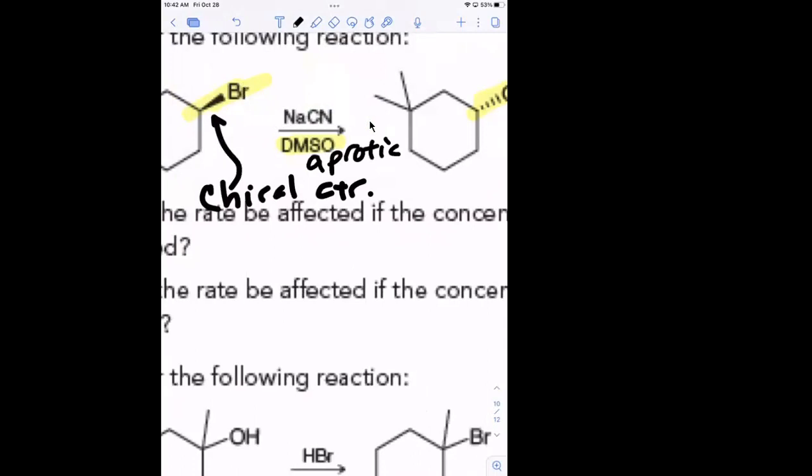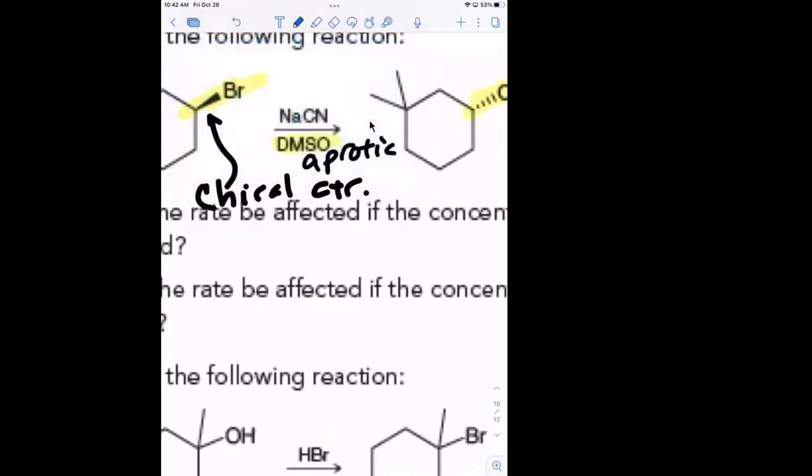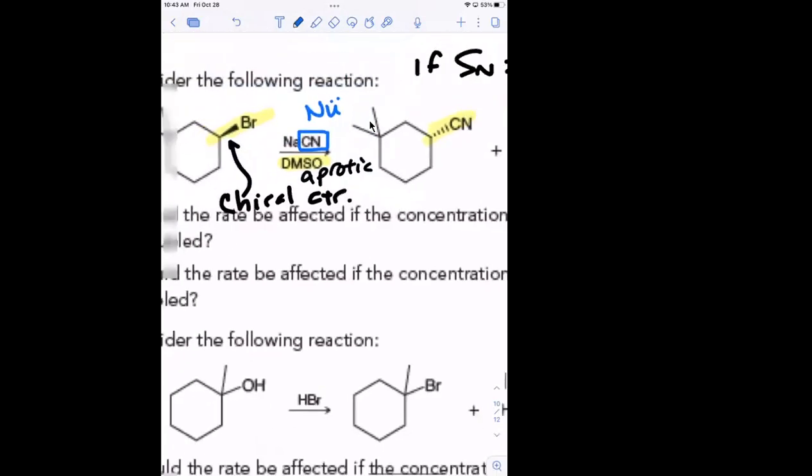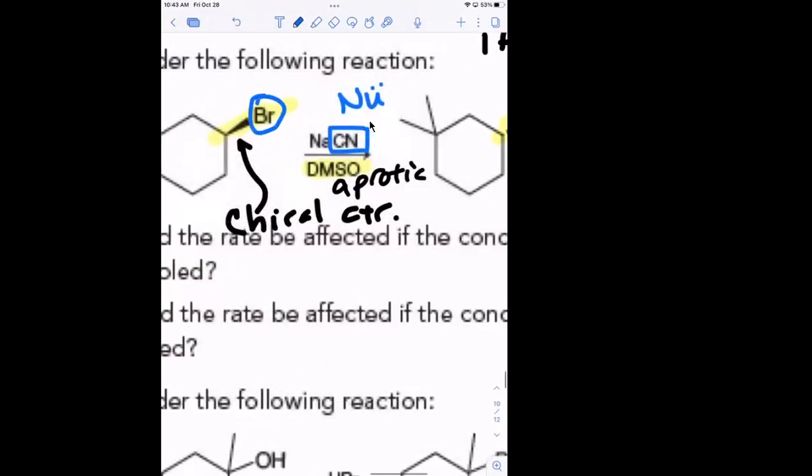So all that said, this is an SN2 mechanism. The cyanide right here is my nucleophile, and of course bromine is my leaving group. The nucleophile always replaces the leaving group in a substitution.